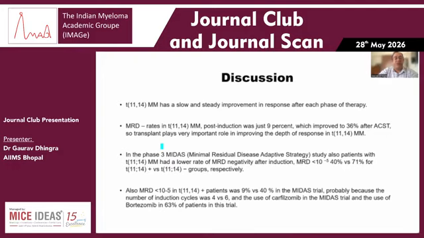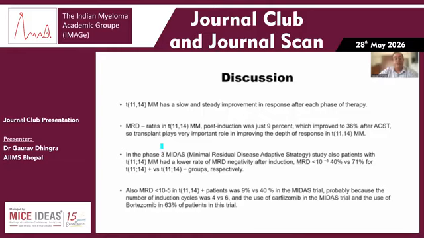In the phase 3 MIDAS trial, the patients with translocation 11;14 multiple myeloma also had a lower rate of MRD negativity after induction. MRD at 10 to the minus 5 was 40% in translocation 11;14 positive patients versus 71% for the translocation 11;14 negative group.